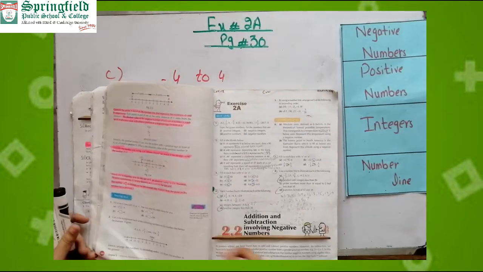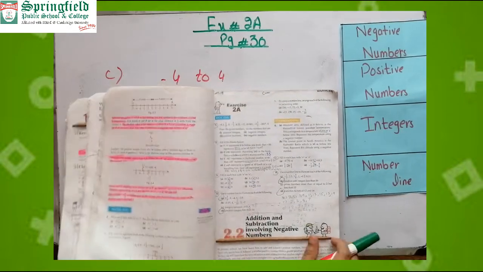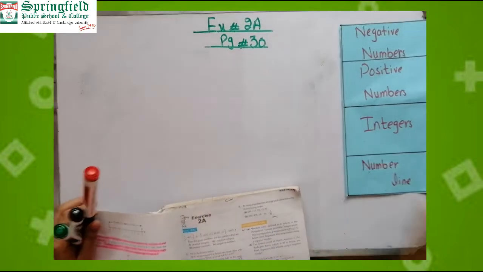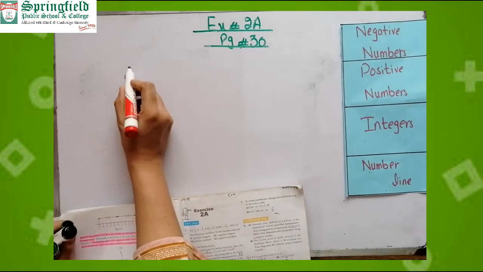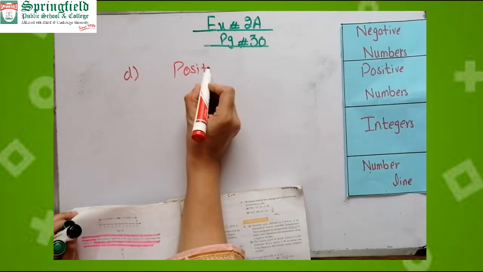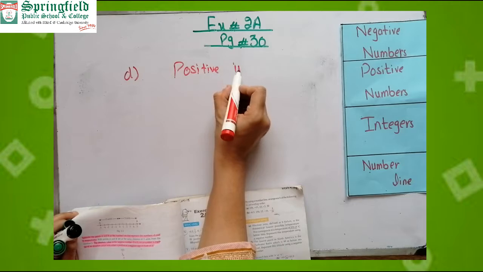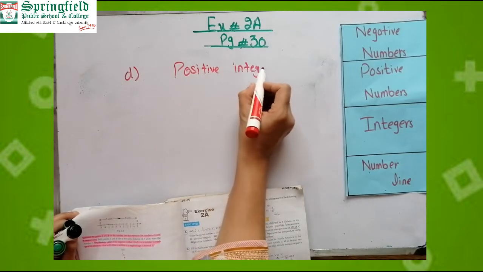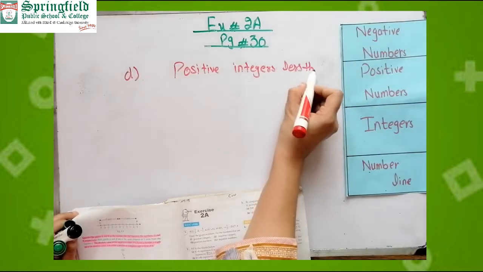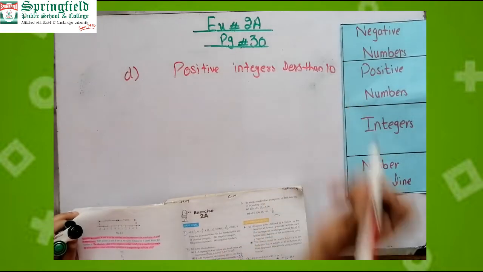Fine. Okay, and positive integers less than 10. This is the D part. Positive integers less than 10.